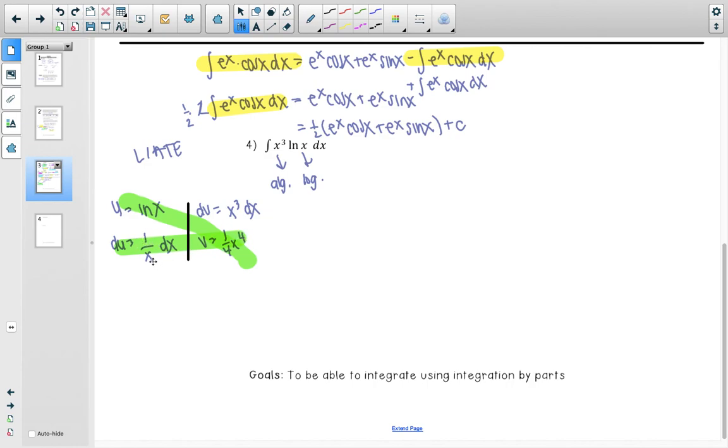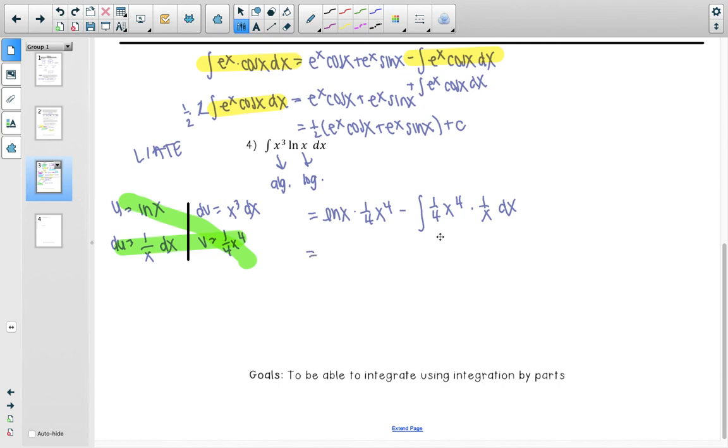The x to the 4th and the x will simplify, so you don't actually have to worry about this x. You're not going to have to do this twice. So do natural log times 1/4 x to the 4th, minus 1/4 x to the 4th times 1 over x dx.